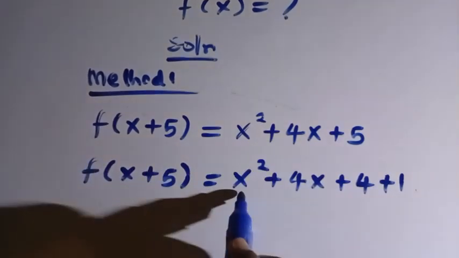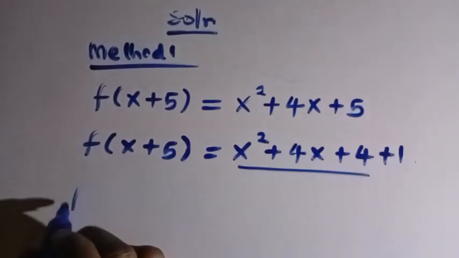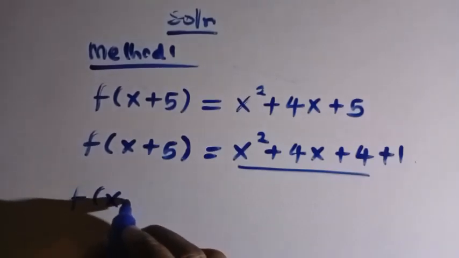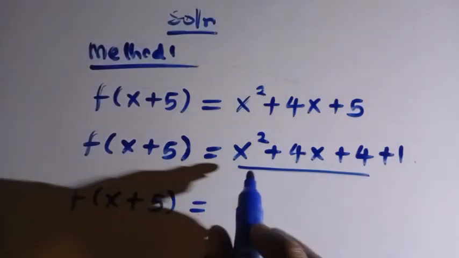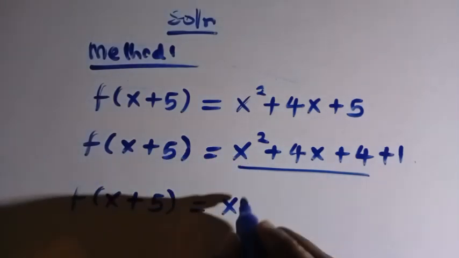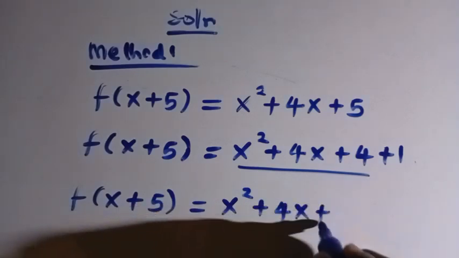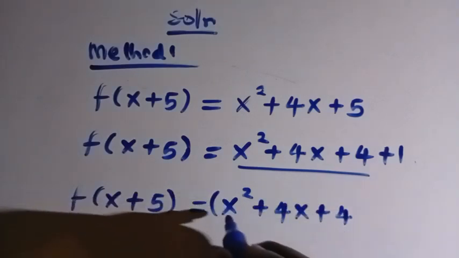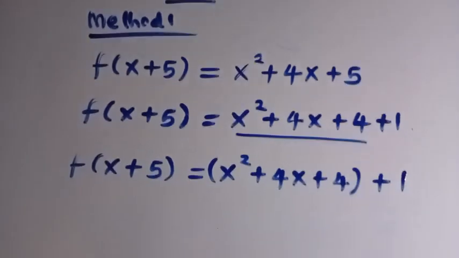If I try to combine this together, what we have becomes f of x plus 5 equals x squared plus 4x plus 4, which I will bracket, then plus 1.